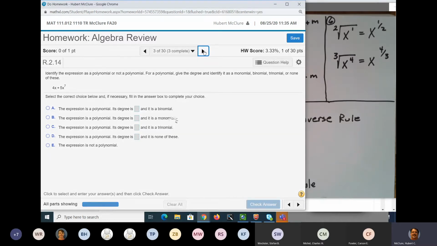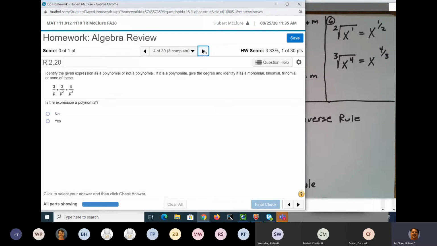Okay, this is a good one. We don't have to solve it. It says identify the given expression as a polynomial. It is a polynomial. You're adding, and it's got different variables. It's got different degrees. You got a third degree, a second degree, and a first degree, because it's raised to the first power, the second power, third power.